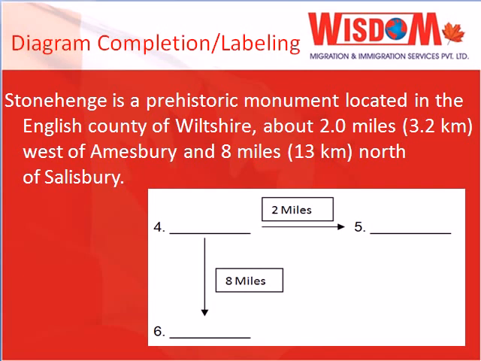So in option 4, we can easily insert Stonehenge, as it is located 2 miles west of Amesbury. So at number 5, your answer will be Amesbury. Also, Stonehenge, which is at number 4, is located 8 miles north of Salisbury. So at number 6, we have Salisbury.